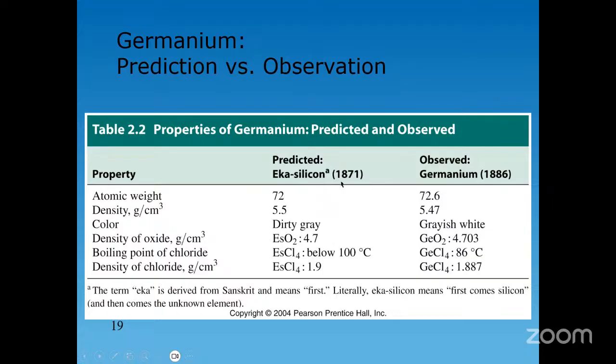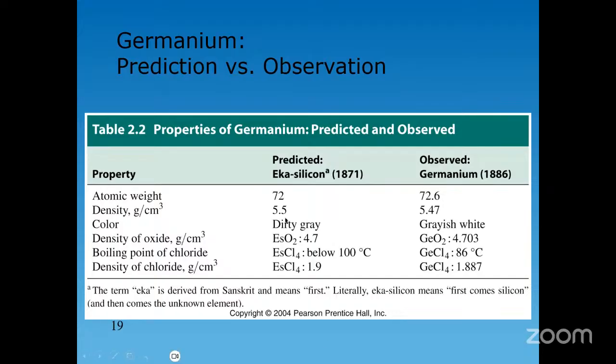And this was in 1871, right? So it was predicted that the atomic mass of this particular element would be 72. When this element was discovered in 1886, it was discovered that the atomic mass is 72.6 AMU. So as you can see right straight from the top, great agreement between what was predicted and what was discovered.